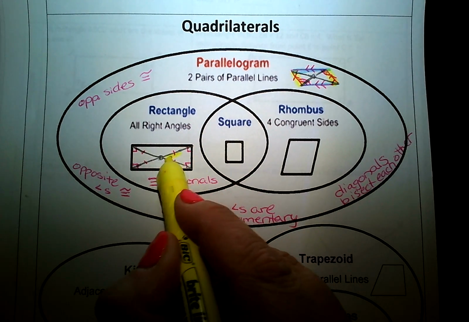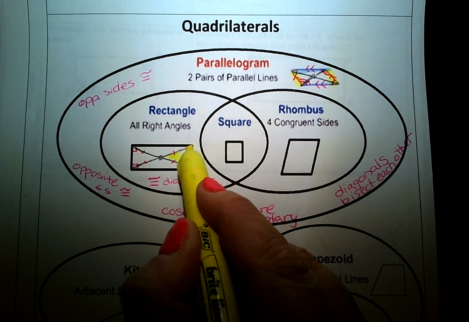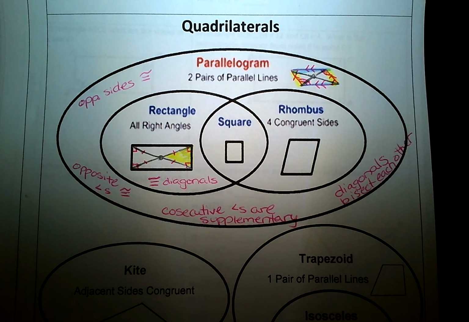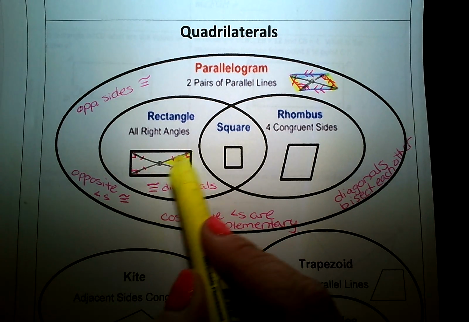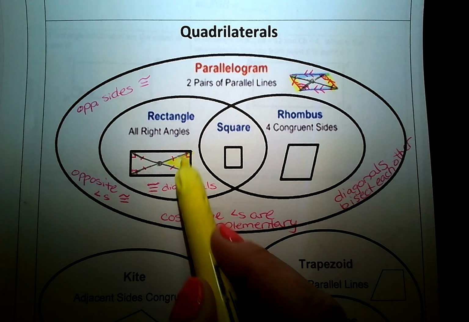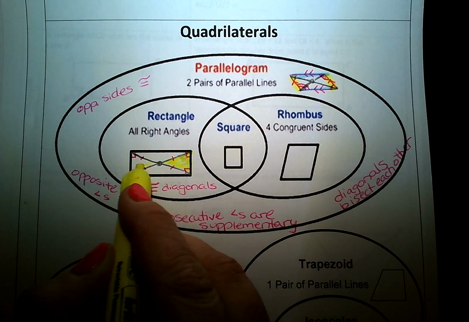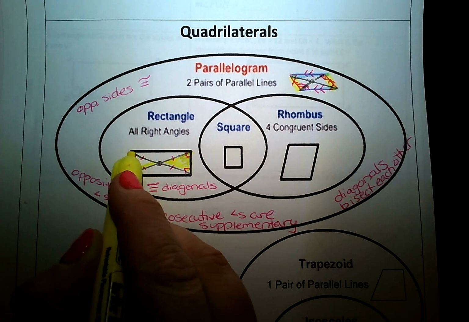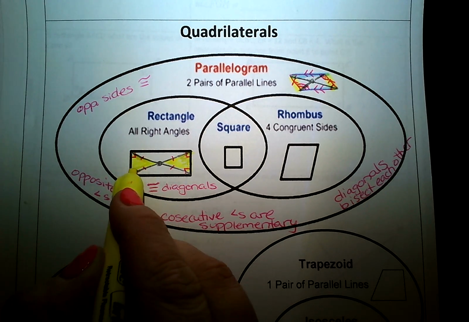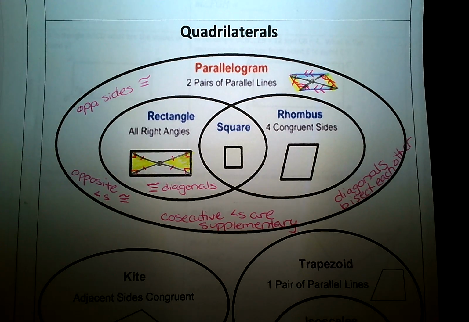This yellow triangle on the left is isosceles. It's got two congruent sides, so therefore two congruent angles. And that triangle is congruent to its vertical triangle on the right. So we've got a set of congruent triangles here.